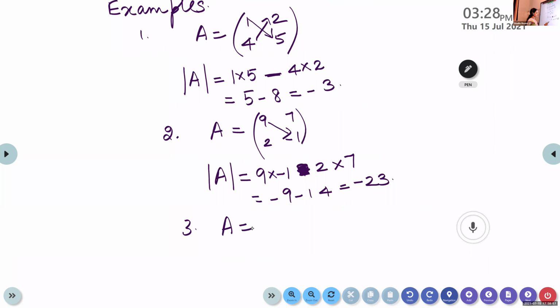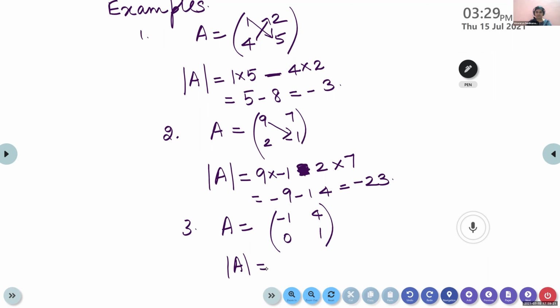Suppose A is equal to matrix minus 1, 4, 0, 1. What is determinant A? Minus 1 into 1, minus 4 into 0.